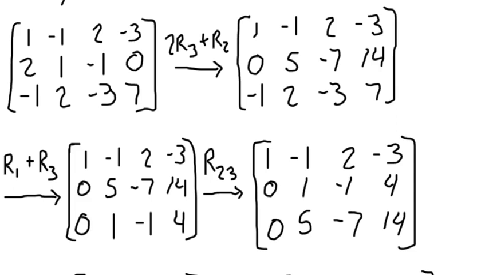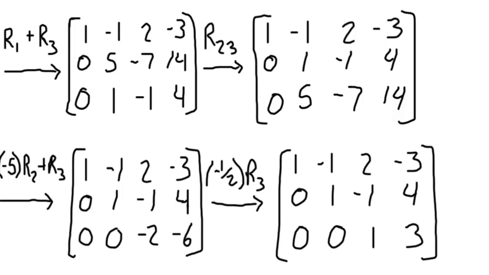Okay, after that, we're going to switch rows 2 and 3 around. Okay, so now we have 1, negative 1, 2, negative 3, 0, 1, negative 1, 4, 0, 5, negative 7, 14. So you can already see we're getting close to being in row echelon form.